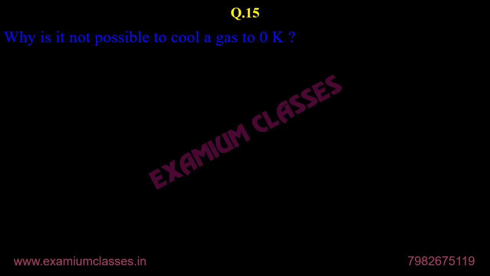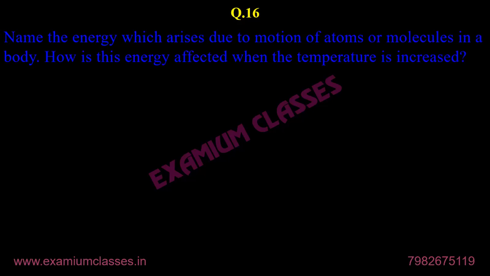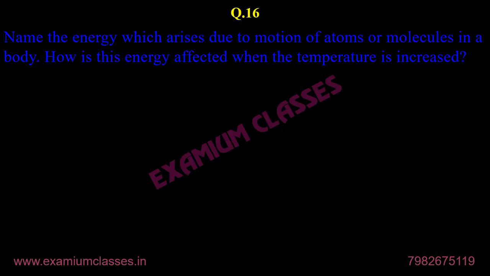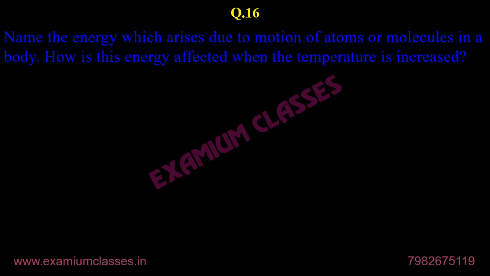So that's why for gases it is not possible to reach 0 Kelvin. Next question. Name the energy which arises due to motion of atoms or molecules in a body. How is this energy affected when temperature is increased?